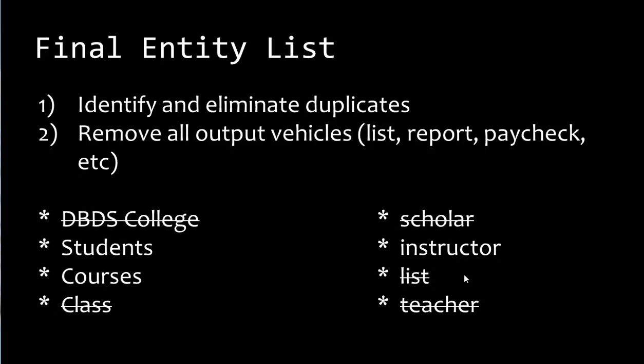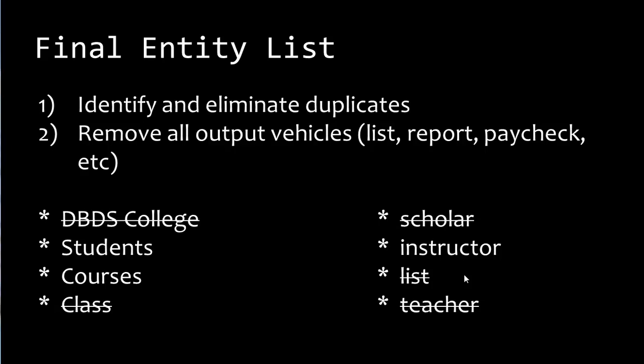Interesting enough, if we were developing this application to sell to multiple colleges and we were going to host the application, maybe we would have a college table or a college entity, but our requirements might be a little bit different in stating that. But anyway, in this case, not to make it too complex, which maybe is what I just did, the database is for DBDS College. It's not really an entity that's going to have relationships. Okay?